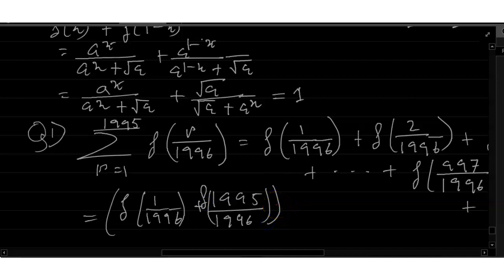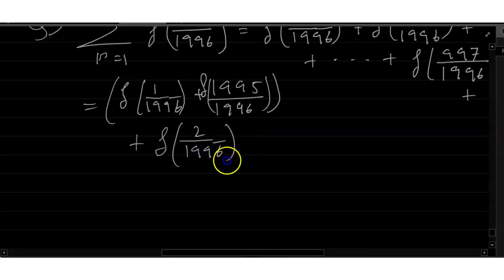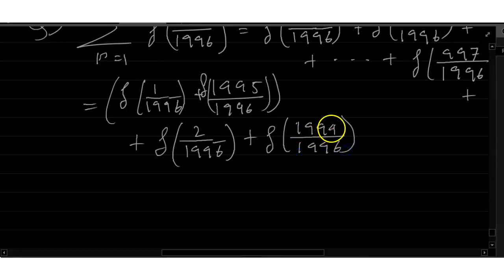You can arrange this way, plus f(2 divided by 1996) plus f(1994 divided by 1996).